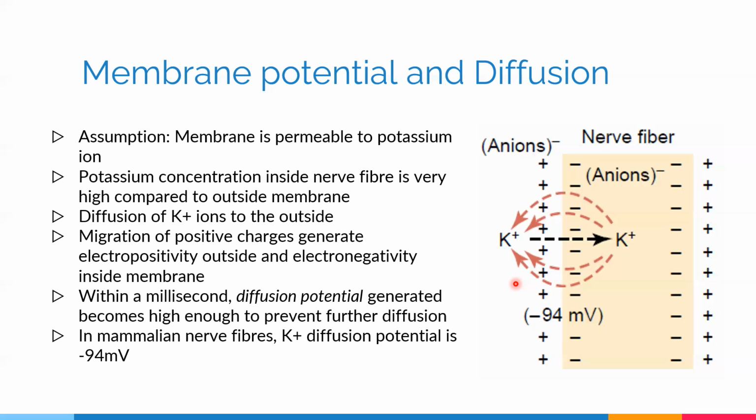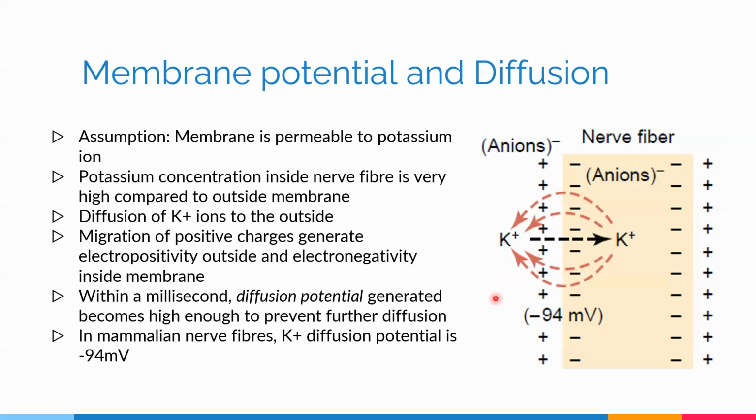Now, this is a situation of dynamic equilibrium where no more net diffusion of potassium ions occurs in either direction. This condition is, as I said, a state of dynamic equilibrium, and the diffusion potential is the electrostatic potential that maintains this dynamic equilibrium. In mammalian nerve fibers, potassium diffusion potential is minus 94 millivolts.